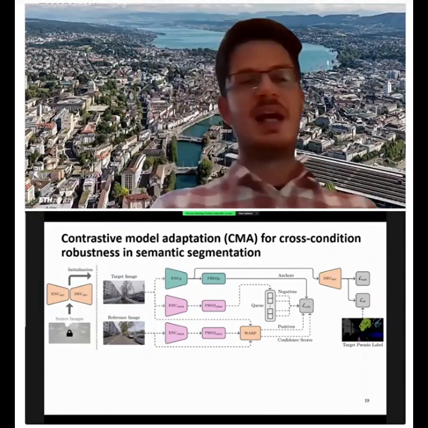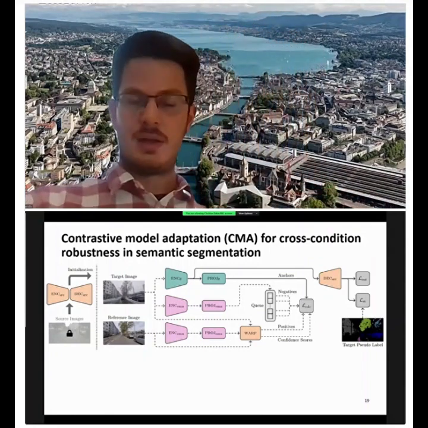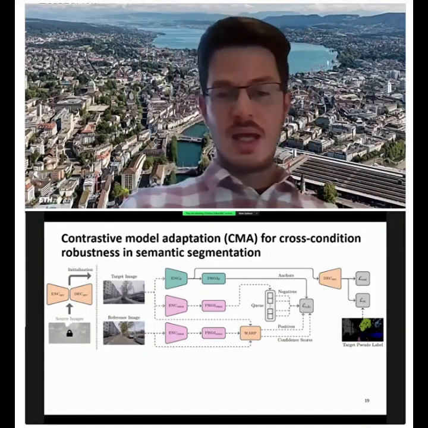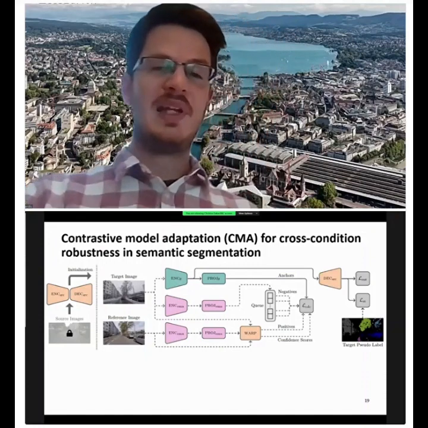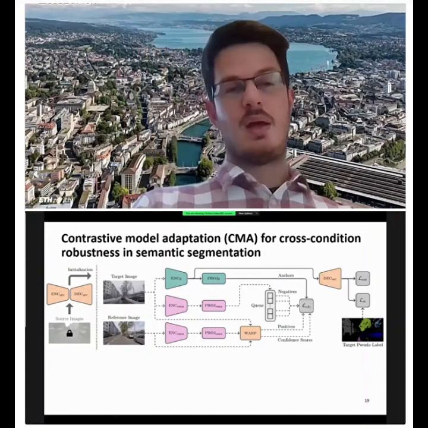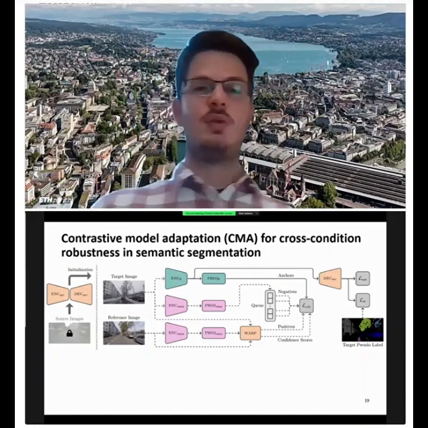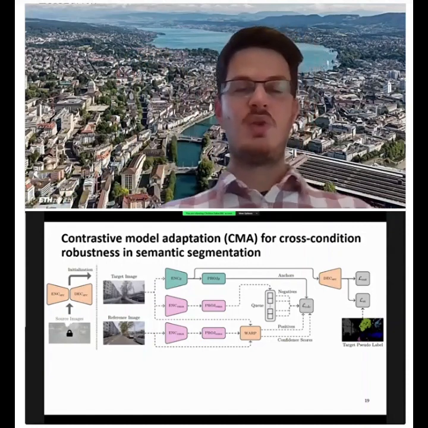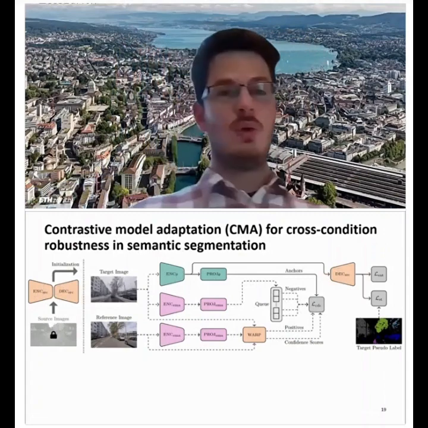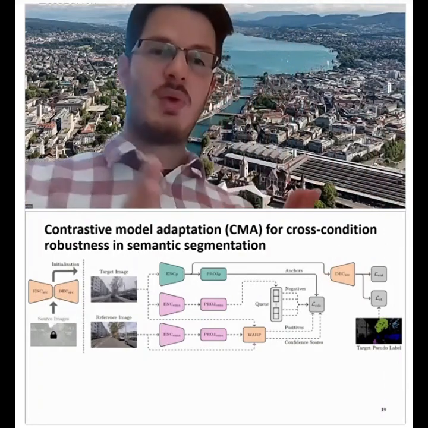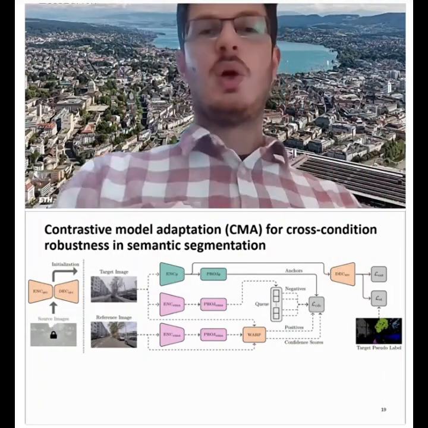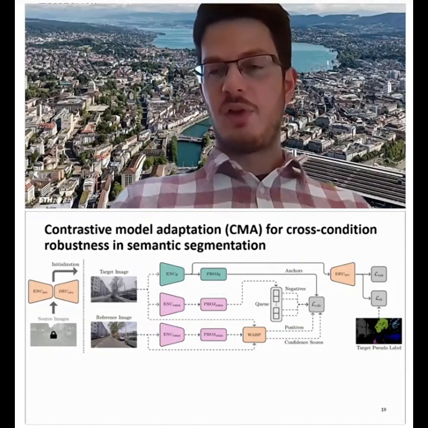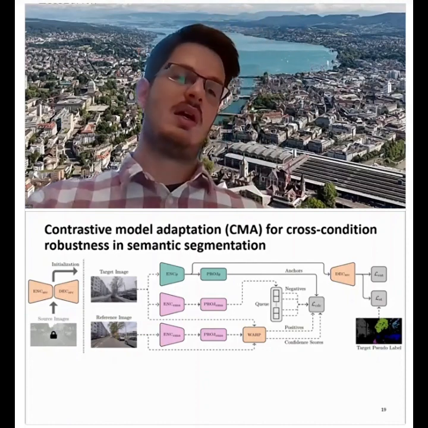So we basically have our encoder-decoder again, the usual setting that we have seen already. We completely freeze the decoder, because we have already learned how to parse certain classes.